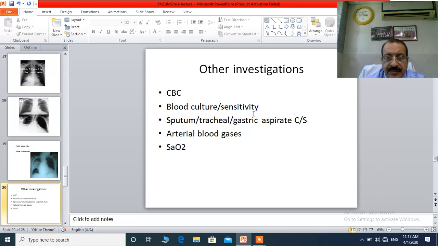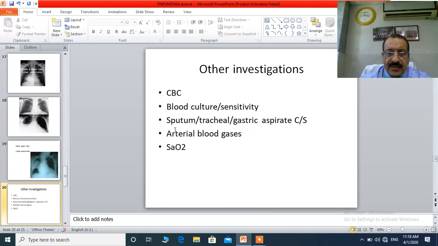Blood culture and sensitivity: in very sick children, you may be able to culture organisms from the blood samples, and the sensitivity of the organisms to the drugs will help us modify the treatment. Then we can have sputum, tracheal or gastric aspirate for culture and sensitivity.